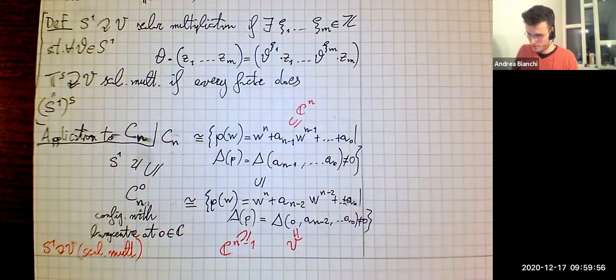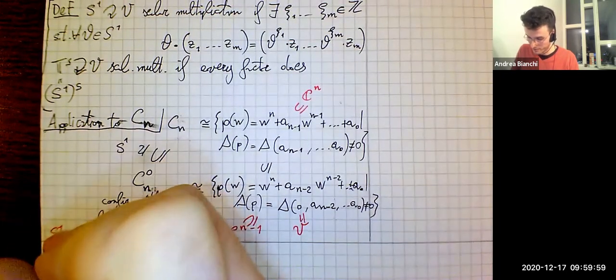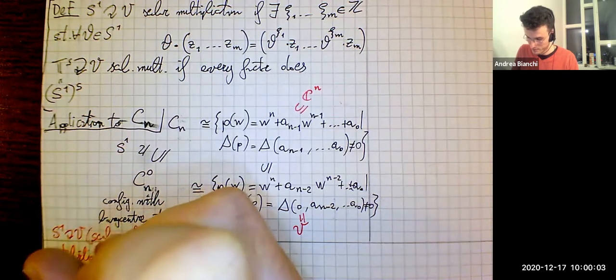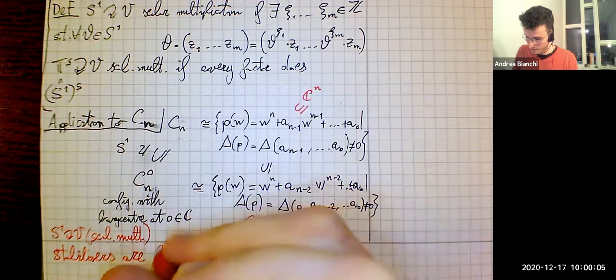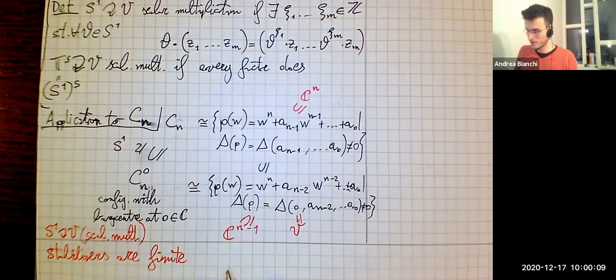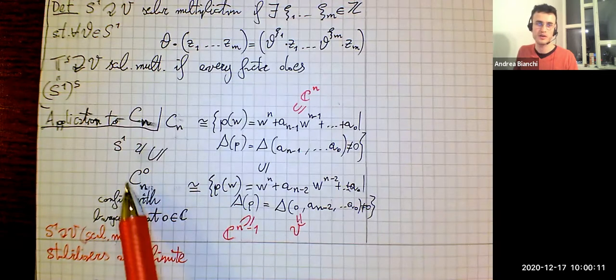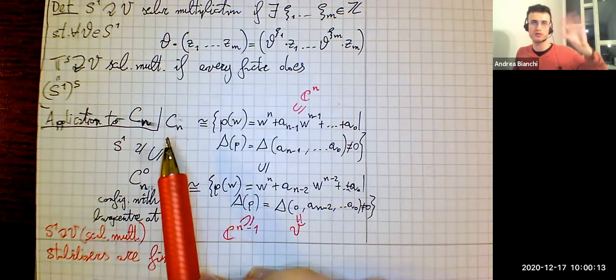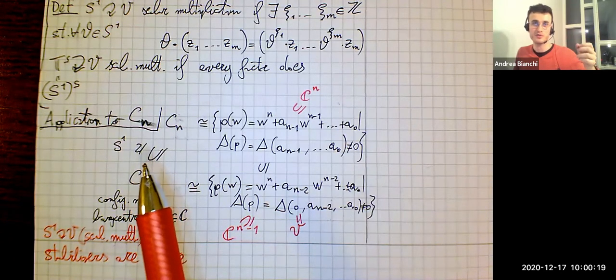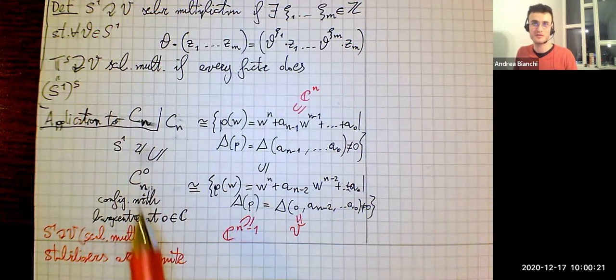And moreover, the very important thing is that the stabilizers are finite. So it's very easy to see here on configuration space: if you rotate configurations, the set of angles for which you get the same configuration is a discrete set of angles.